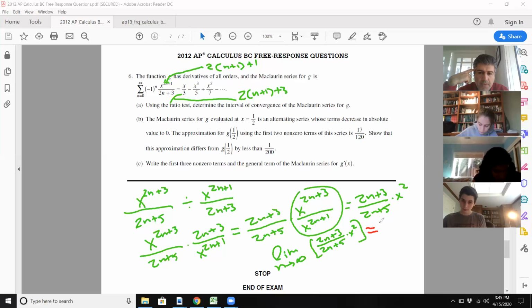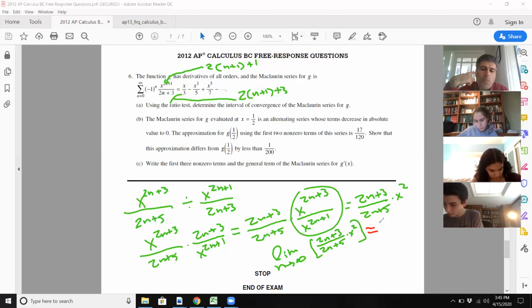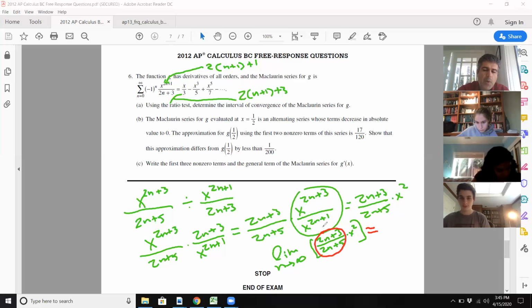When n's approaching infinity, just using your experience with rational functions, what do you think this expression here would go towards if n's going towards infinity?